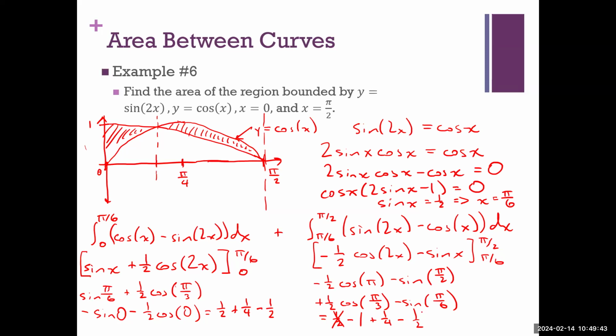Why did the right one come out to be negative? As the negative sine pi over 6, should that also be positive? Yeah, for the same reason. But that's still going to make my integral on the right negative, which doesn't make any sense. Well, then you have the 1/2. Right.